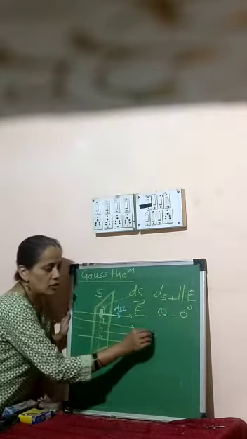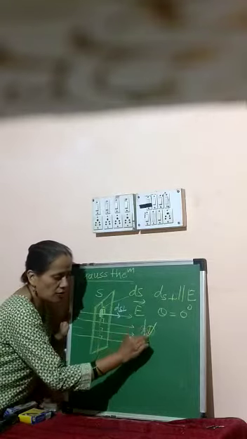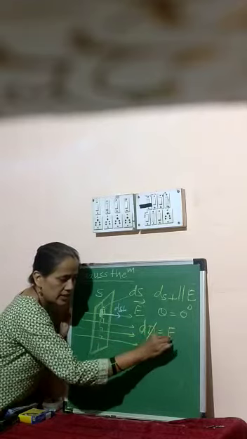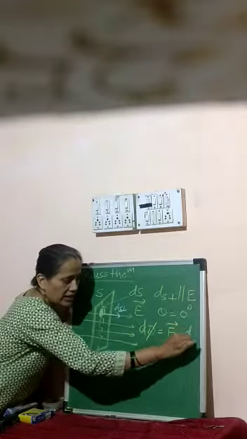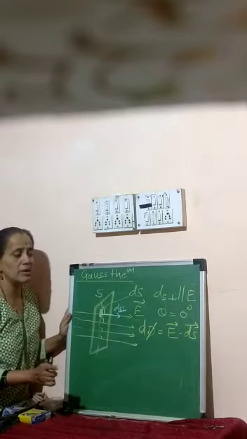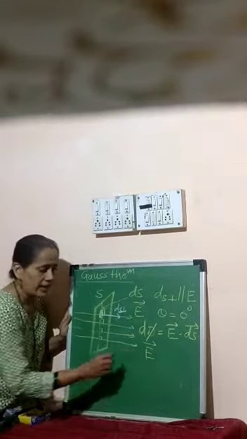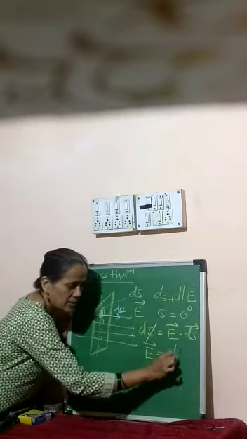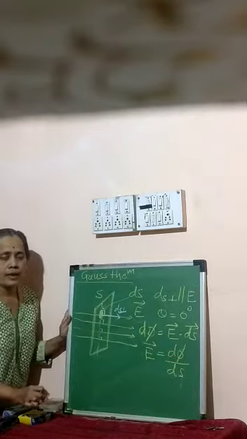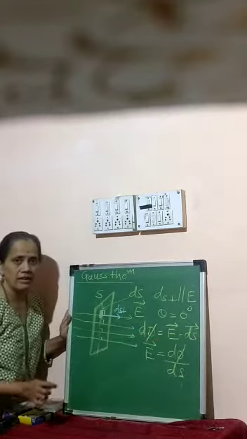And then the small flux d phi is, according to the definition, vector E dot vector ds. That is the definition of electric flux which you have studied previously. Electric intensity is defined as flux per unit area, and therefore d phi can be written as vector E dot vector ds.